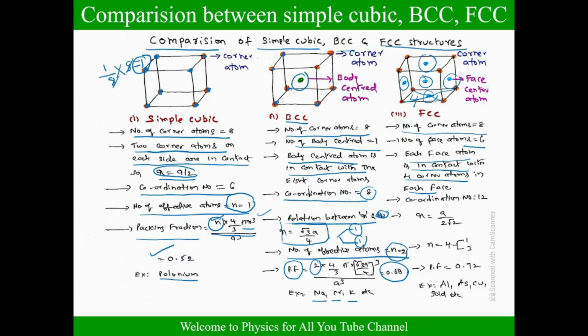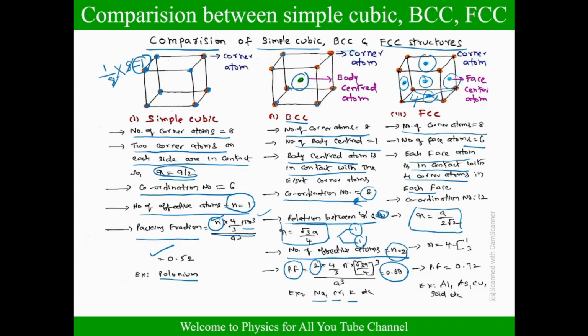After calculating the coordination number, next we have to calculate the relation between the atomic radius and the nearest neighbor distance, which you can calculate using the geometry already discussed in a previous slide. You can go through that slide. We get the relation between R and a, which can be written as R is equal to a divided by root 2.